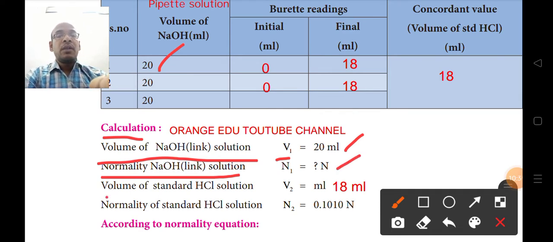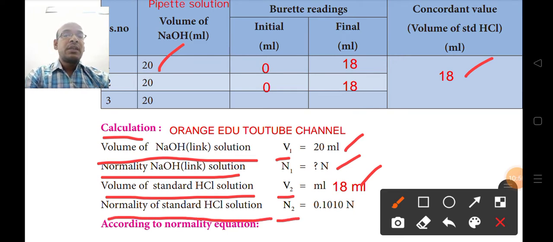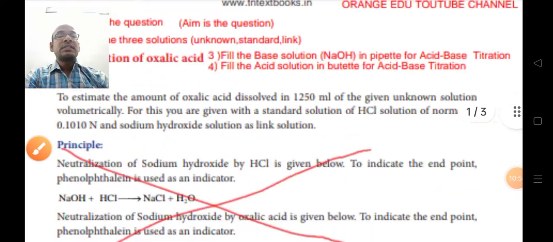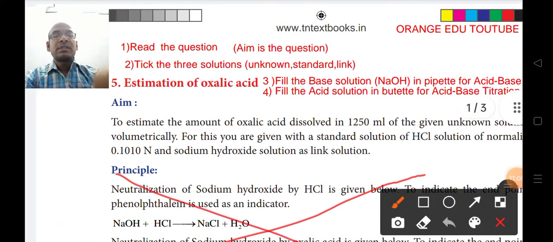Volume of the standard HCl solution, which is in the table column, that is V2. Normality of standard HCl, N2, is 0.1010 N, which is in the question paper. You understand, you just copy it from the question paper.